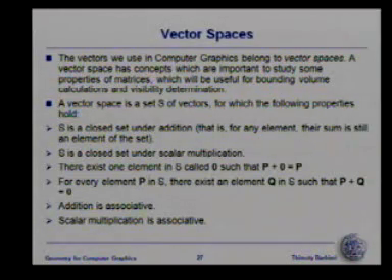We have to ensure this because the vectors belonging to a vector space is a warrant for us that we can apply a set of calculations and simplifications and methods that guarantee a good result when we are creating bounding volumes for general shaped meshes and when we are checking visibility determination between any given mesh and any viewing volume.